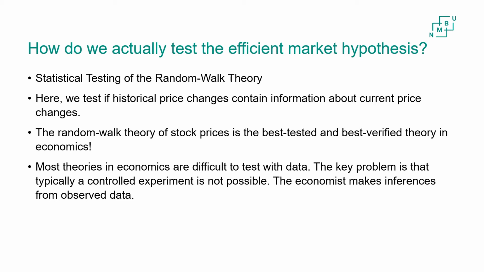So what can we do? We have the efficient market hypothesis, and as economists, we want to test it. This means that we test the random walk theory. The random walk theory says that historical price moves do not contain information about future price moves, which means that you can't use historic data to forecast the future.